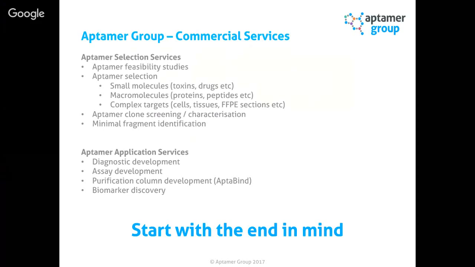So that's a short piece of work taking only 2 to 3 weeks, absolute maximum, where we will engage with the customer and take your target of interest, whatever that happens to be, and we'll perform some simple studies to say, is your target actually amenable to Aptamer selection?